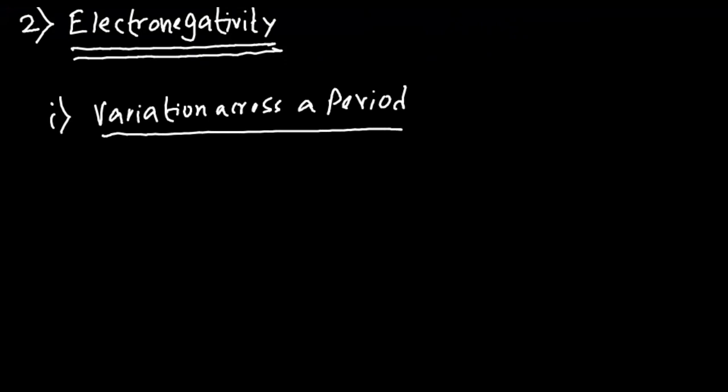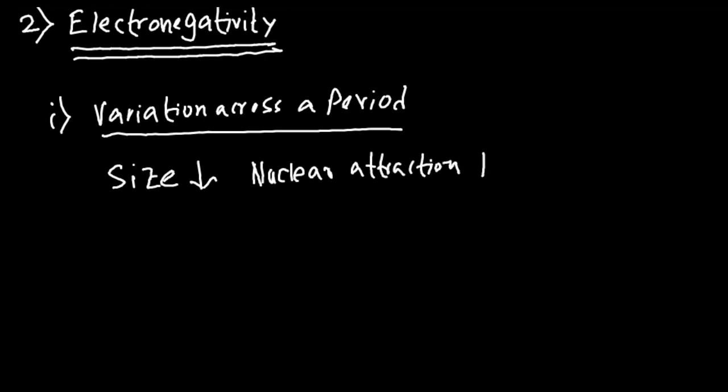So again, as we move from left to right, what is happening? The size decreases, isn't it? With increase in atomic number, atomic radius or atomic size decreases. So the attraction between nucleus and outermost electrons will increase. The nuclear attraction will be increased.